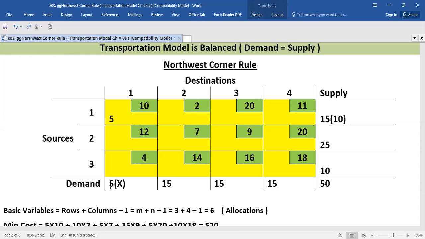If you subtract 5 from 5, the difference is 0. You will not put 0 in the bracket, you will put a cross. It means your demand is complete. Nothing is left behind.